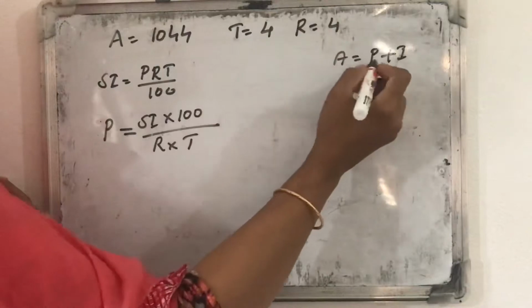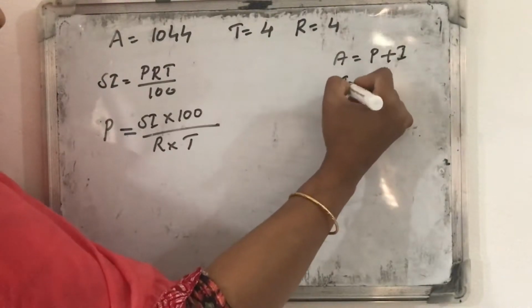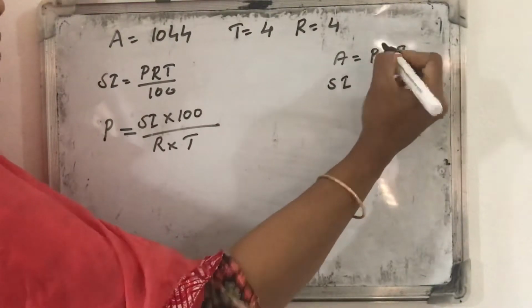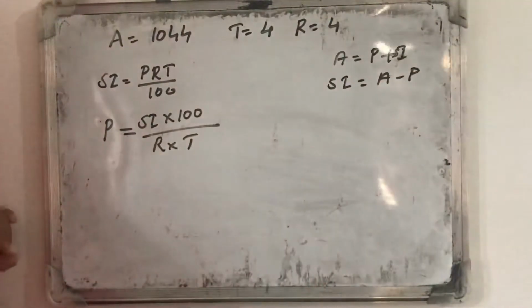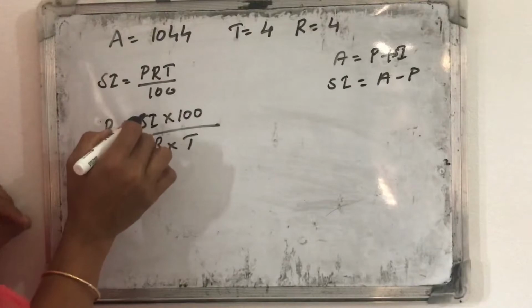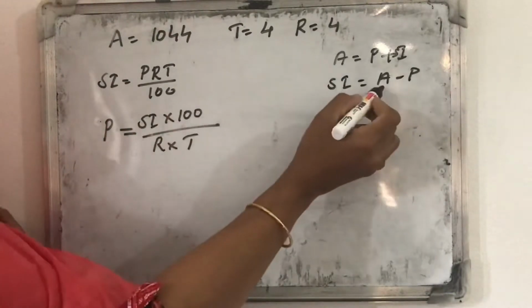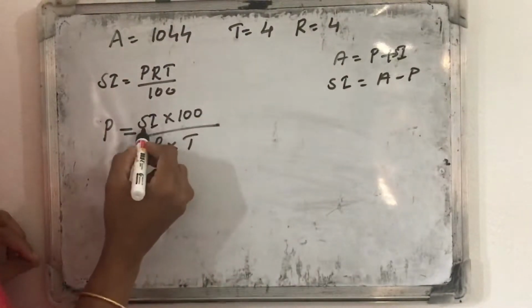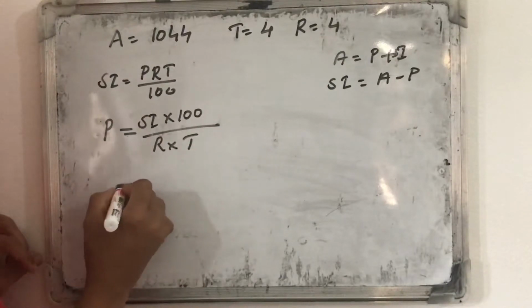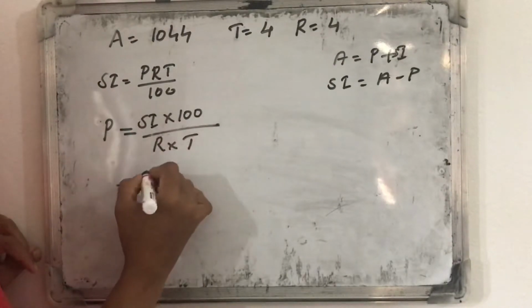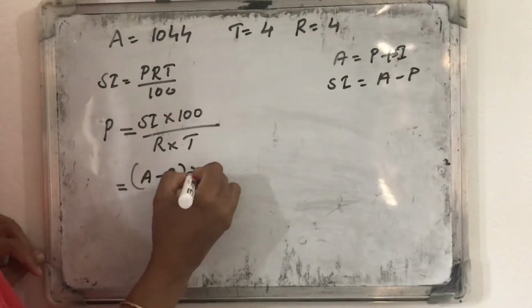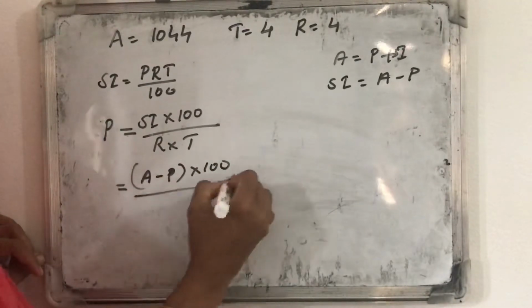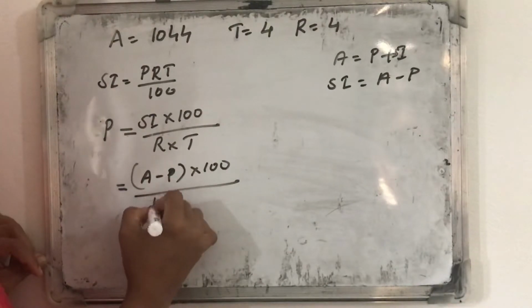From this, simple interest is equal to A minus P. Instead of simple interest, we substitute A minus P. So P is equal to A minus P into 100 divided by R into T.